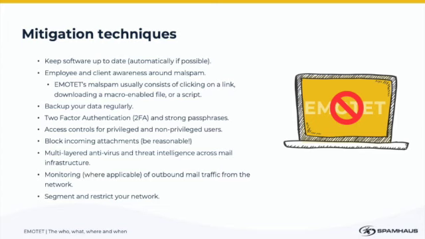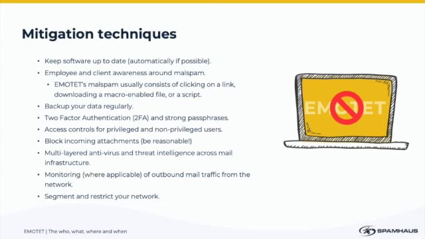Next, if you're thinking about this from an email perspective, you want to be blocking those incoming attachments. Now, I'm not saying block every single incoming attachment, but be reasonable about it. There's no reason that anybody should be receiving an executable in their emails. And if you can, try and block emails that have macro-enabled attachments in them.